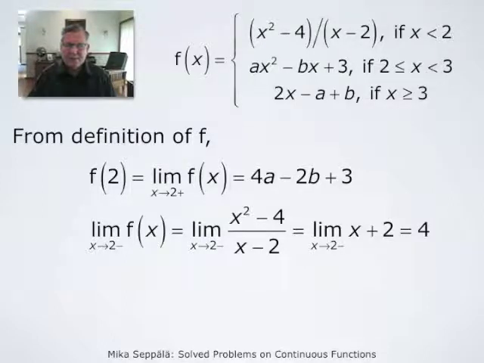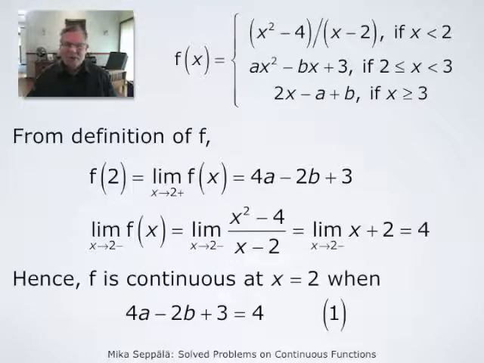The limit of f of x as x approaches 2 through numbers smaller than 2 is the limit of x squared minus 4 divided by x minus 2 as x approaches 2. But x squared minus 4 is x minus 2 times x plus 2. X minus 2 cancels out, so this is the limit as x approaches 2 of x plus 2, and this limit is 4. Simply insert x equals 2 in this expression.